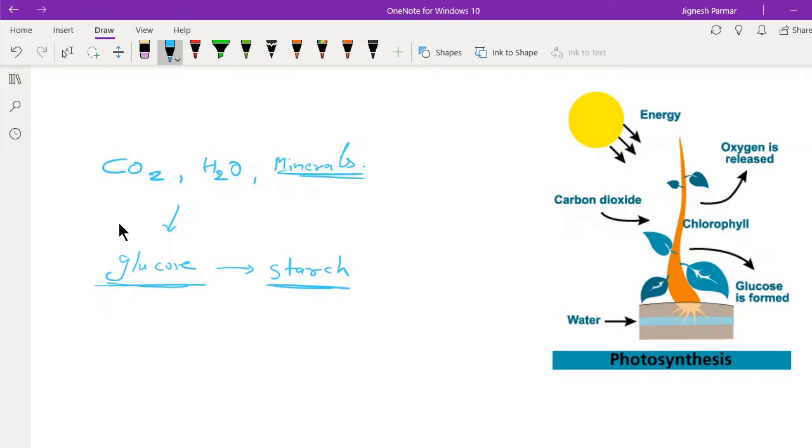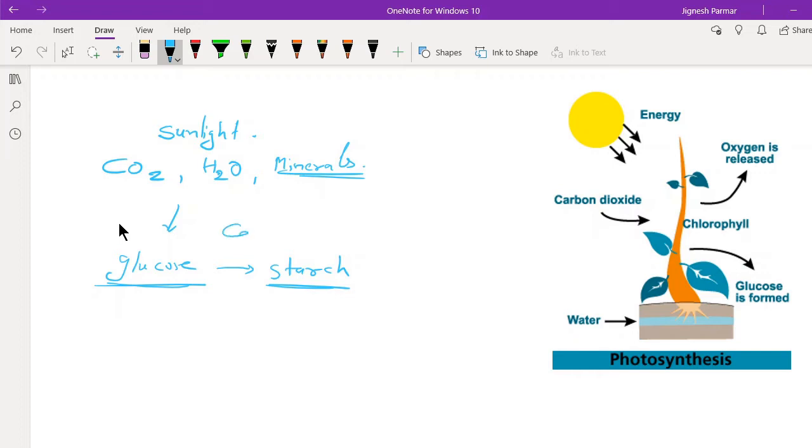Now exactly what happened? Carbon dioxide and water vapor, and the very important thing, sunlight. This takes place only in sunlight. It is a process by which autotrophs take substances from outside and convert them into stored food energy. Carbon dioxide and water vapor are converted into a carbohydrate.